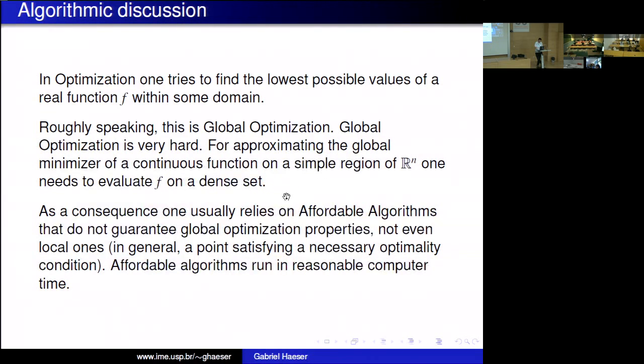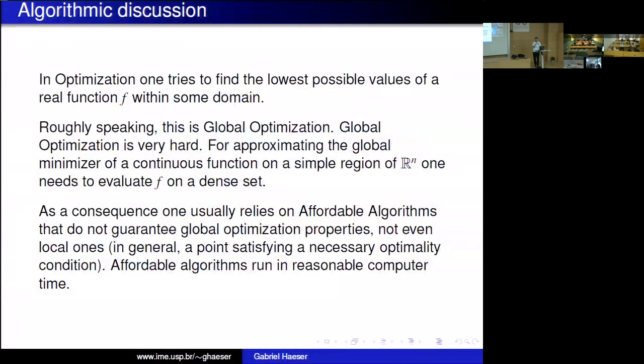To have an idea of why this is too hard, assume that you have an algorithm that is converging to the global solution. If this is a reasonable algorithm, there should be some region of the space that you didn't look at. Assume there is a very small ball in some region that your algorithm never looked at. You can modify your function such that in that region you now have the global solution.